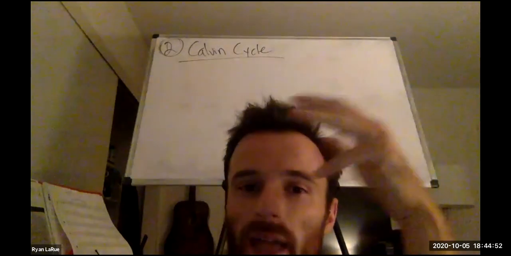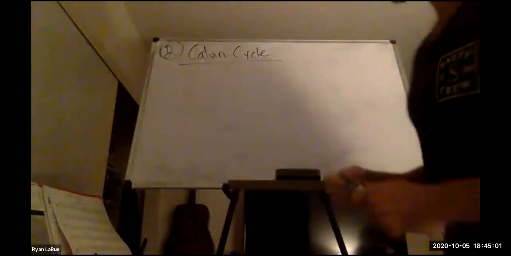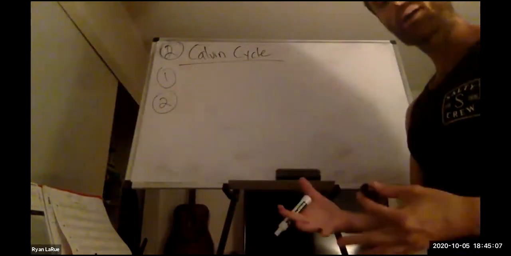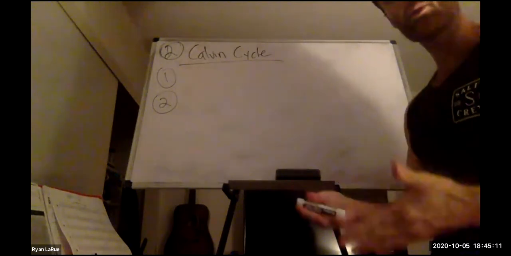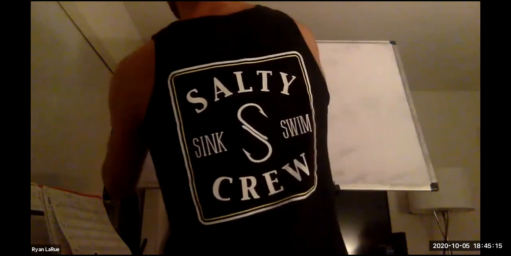The ATP and NADPH that we just got from the light reactions are required as inputs, and they're used in the Calvin cycle. So the first step of the Calvin cycle is carbon fixation.